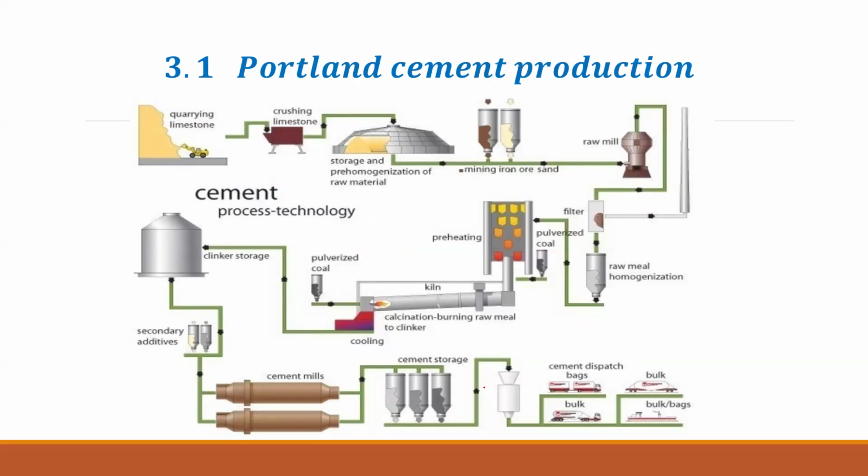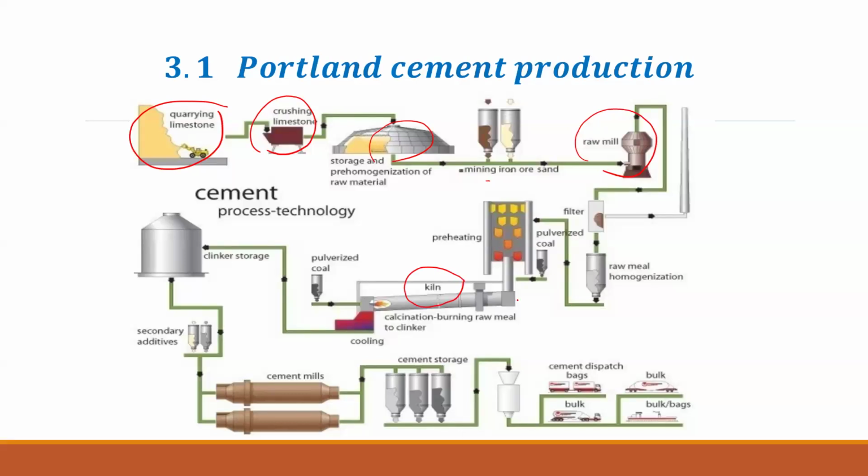The main ingredient in cement is limestone. We take limestone from the quarry and then we crush it, then we store it, then we have to mill it to small particles, then we burn it in a kiln.